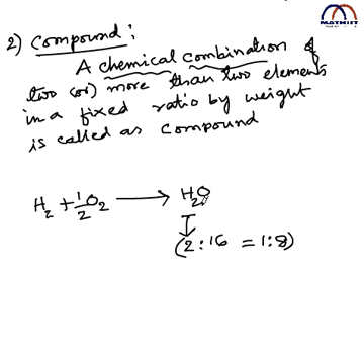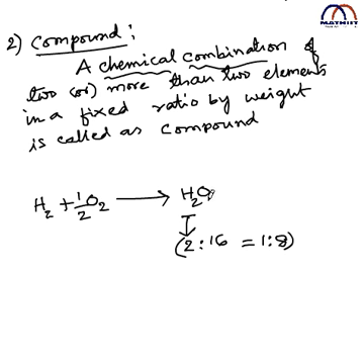I am telling you that H2O contains hydrogen and oxygen, but it is not exhibiting any properties of the elements hydrogen and oxygen. It is because whenever there is a chemical combination between two elements, they lose their identity.